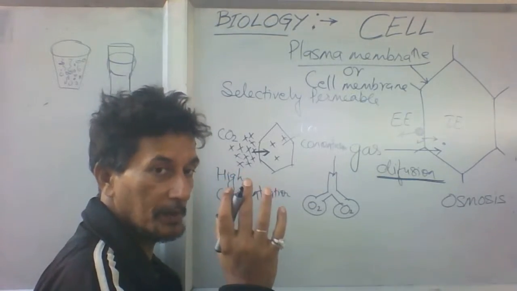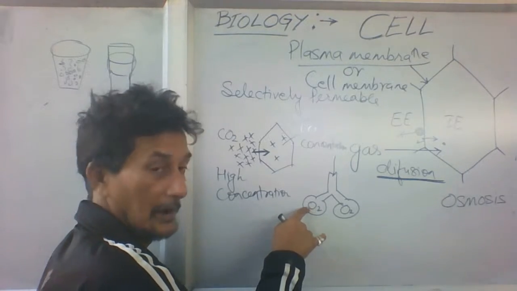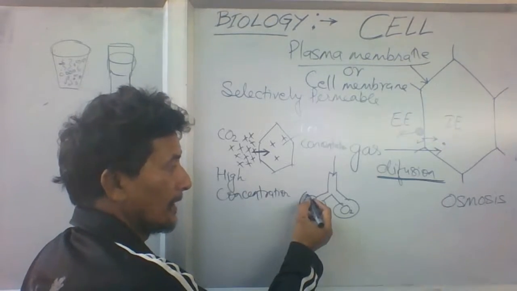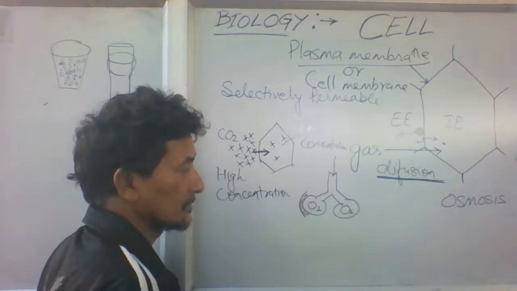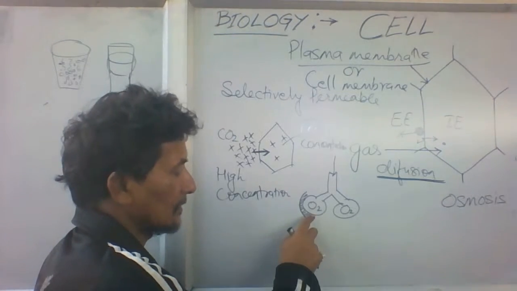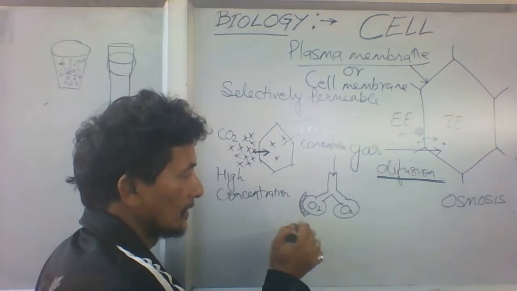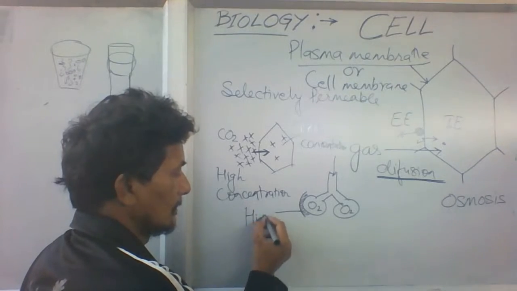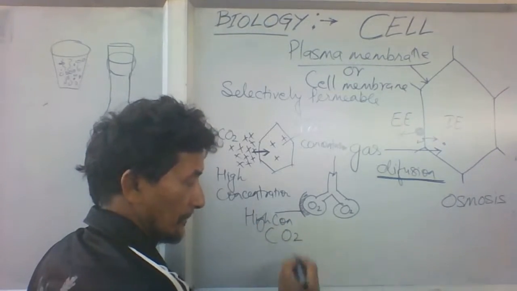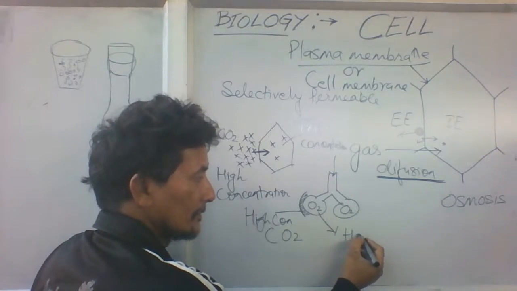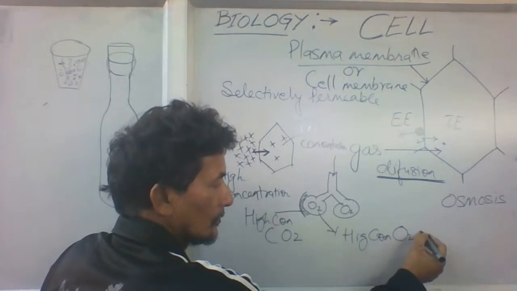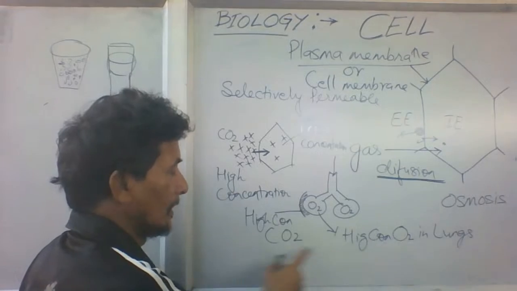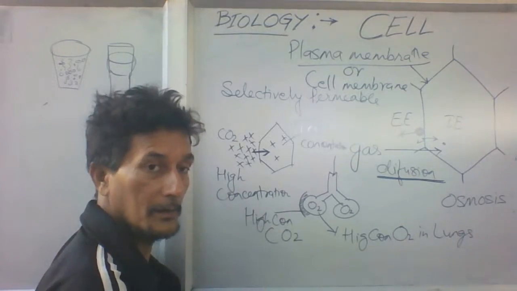The concentration of oxygen is higher in the lungs in comparison with the concentration of oxygen in the blood outside the lungs, because the lungs are in constant touch with the blood. In the blood, what is there? High concentration of CO2 in the blood and high concentration of O2 in the lungs.